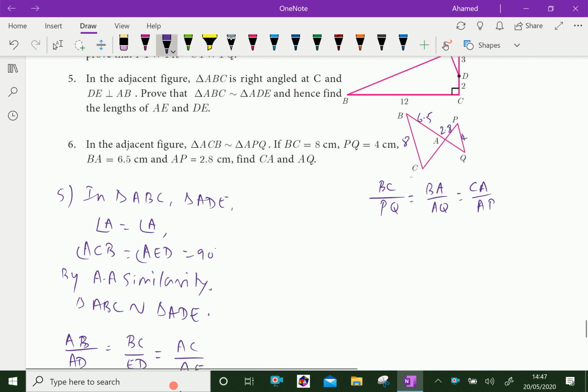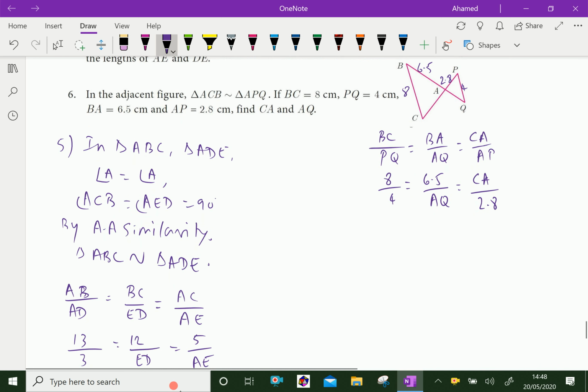Now BC is 8 over PQ is 4, equal to BA is 6.5 over AQ, and CA over AP is 2.8.